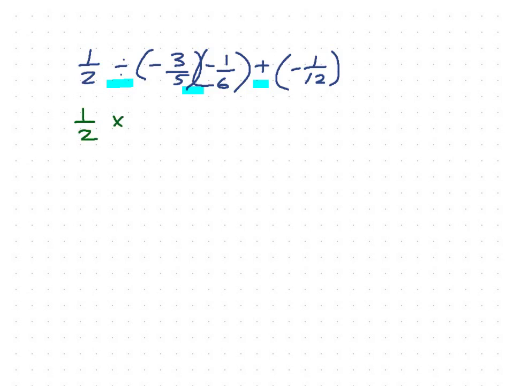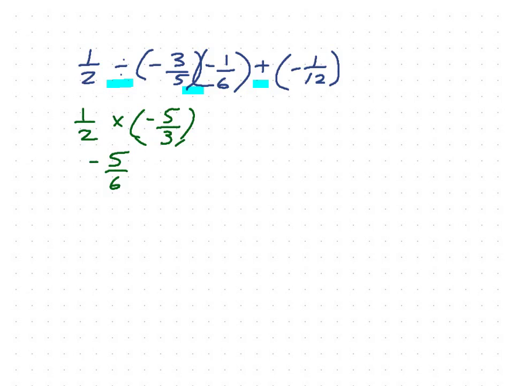So 1/2 times, flip it. The sign can stay on the top. You never put a negative on the bottom of a fraction. So 1/2 times 5/3 is going to be 5/6. Multiply the top, multiply the bottom, and because it's a positive times a negative, it's going to be a negative number.